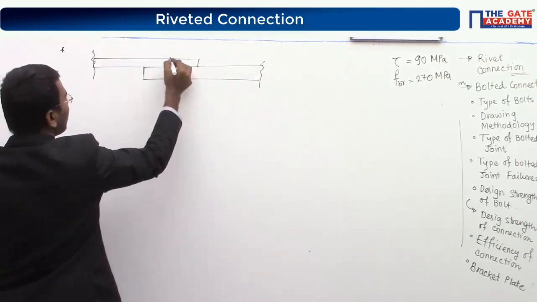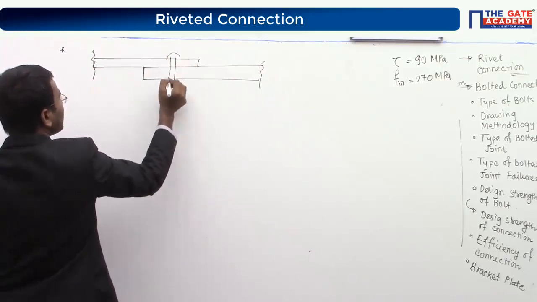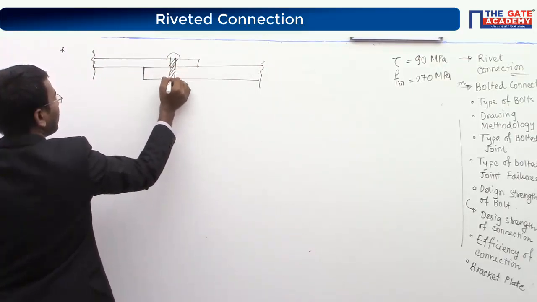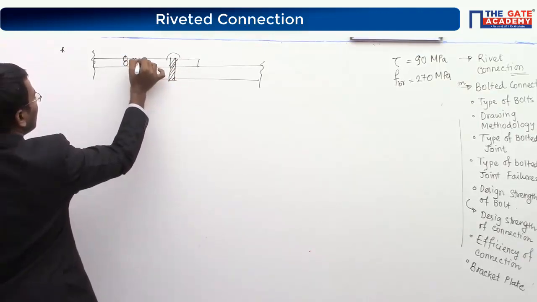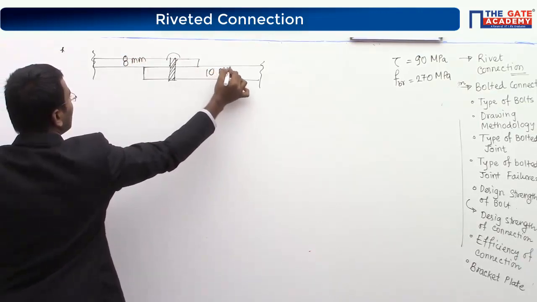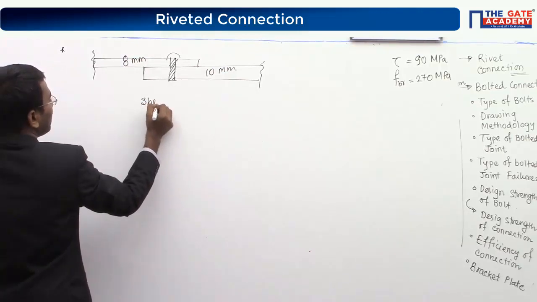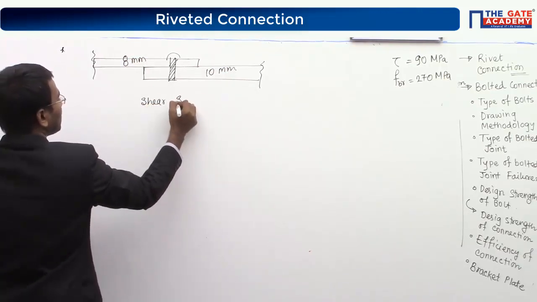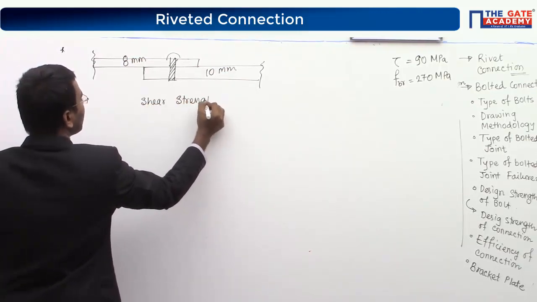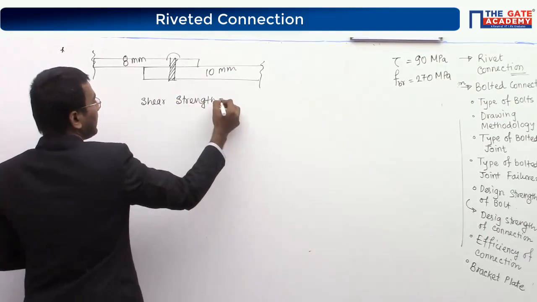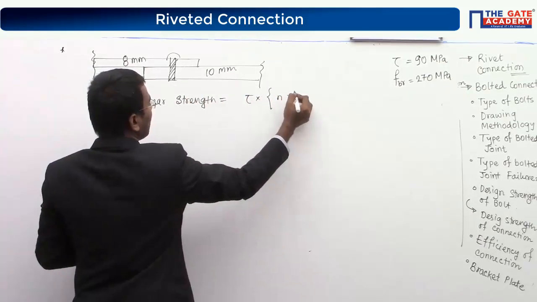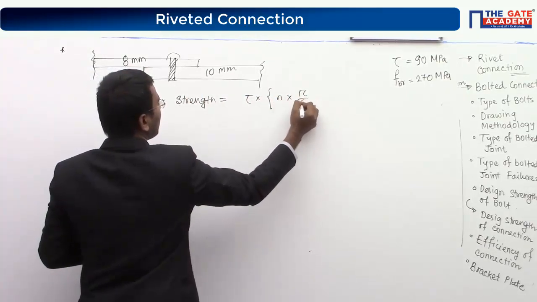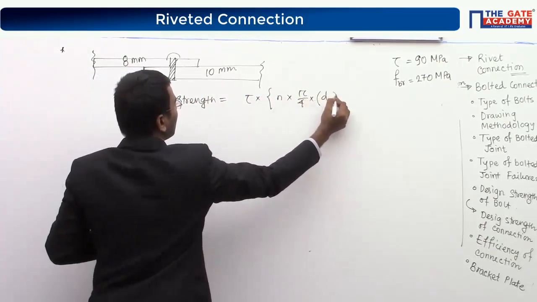It is connected by one rivet. I am assuming it is connected by one rivet because one rivet value is asked only. So this is your 8 mm, this is your 10 mm. So I can say shear strength for one rivet equals shear stress multiplied by number of planes multiplied by pi by 4 into dh whole square.